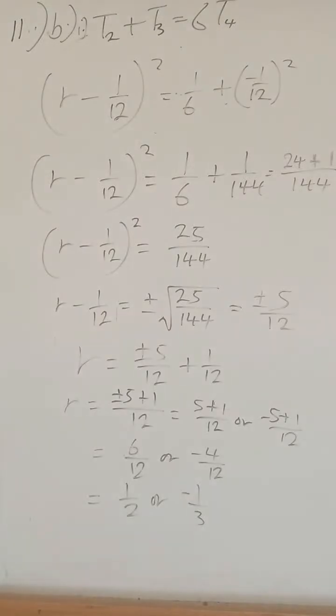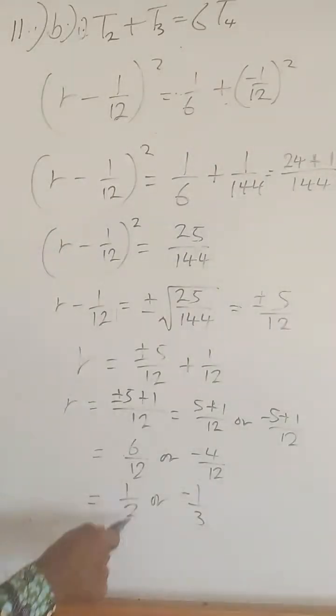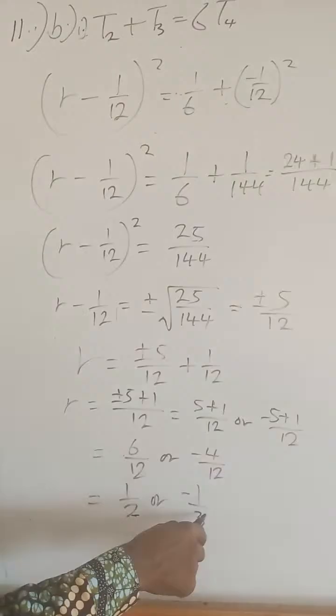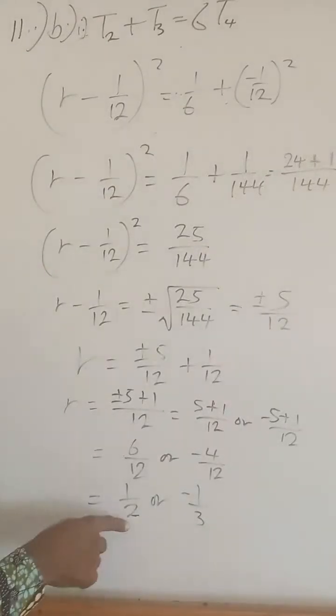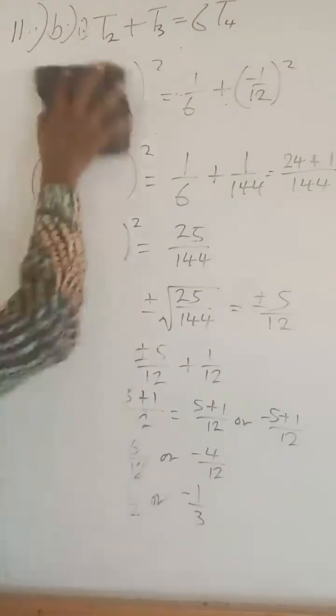Now, moving on to the second part of B. The common ratio here is 1 over 2, that's positive. The negative is minus 1 over 3. The next question says, if the second term is 8 and the common ratio is positive, so it means we're going to use 1 over 2 as the common ratio.